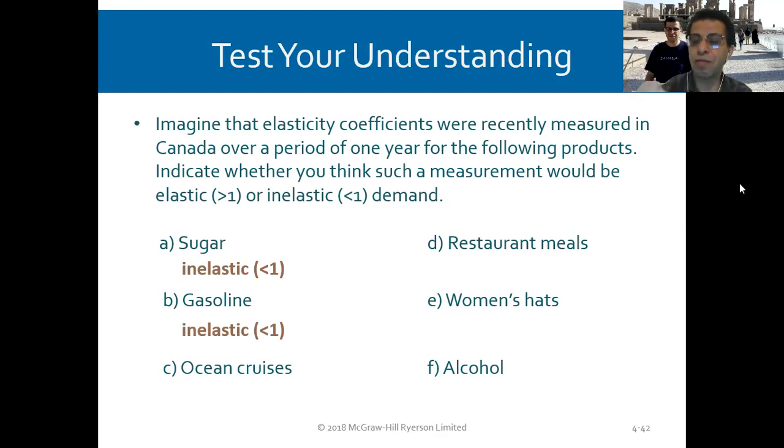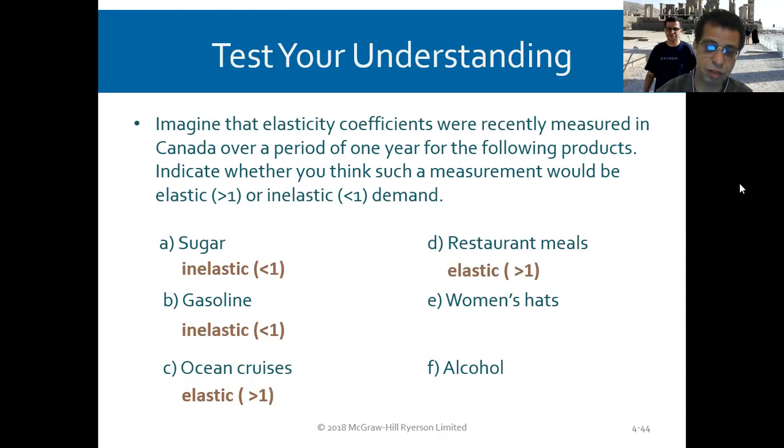Maybe you will drive less, but not much less as the price increases. Ocean cruises usually go to rich people or people who have extra income. Later on, we'll talk about extra income and how it gets treated. And then you have restaurant meals. You got it, elastic. People are reactive.